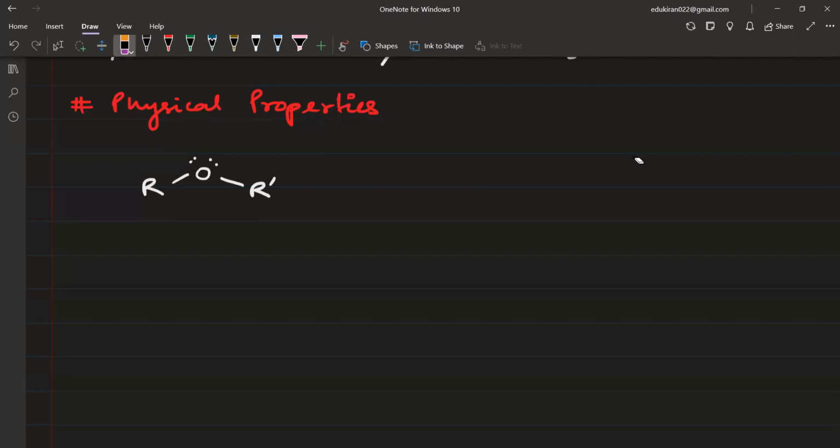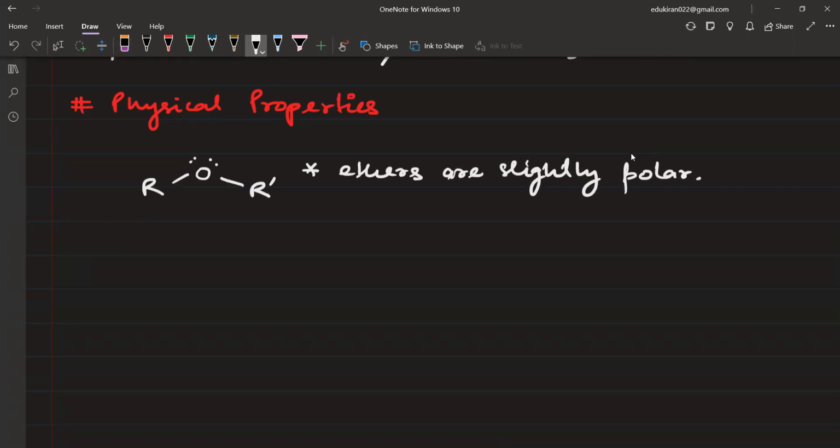So the conclusion that you can draw from here is ethers are slightly polar. If you imagine it like this, then it is going to be non-polar.